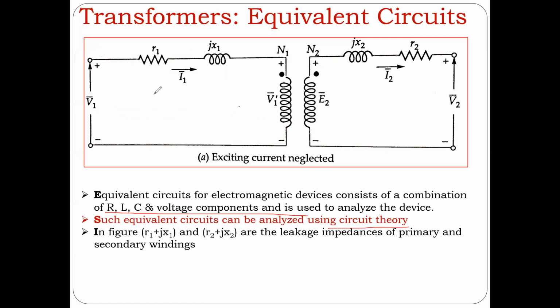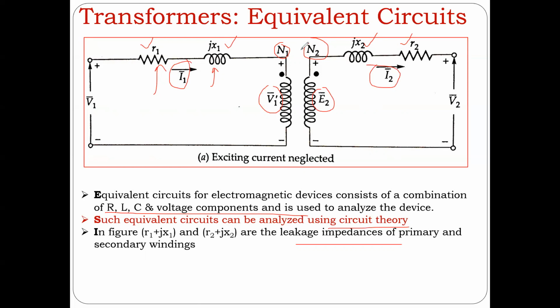This R1 and X1 come from the primary coil. These are the leakage impedances: the leakage resistance and leakage reactance of primary and secondary. The number of turns, voltages, and the currents are shown like this.